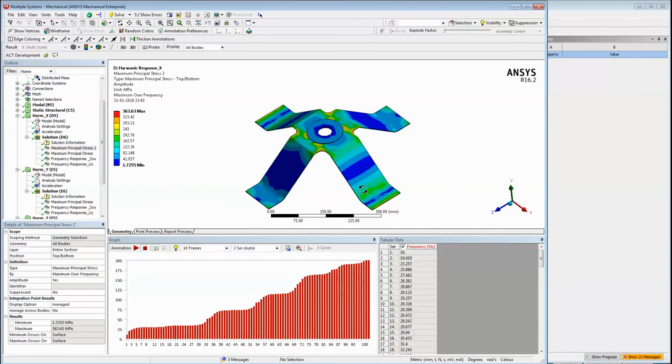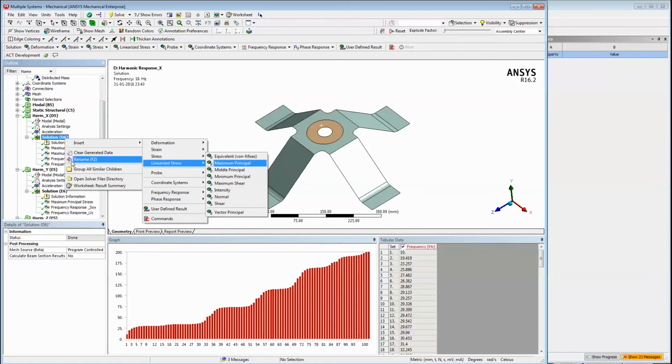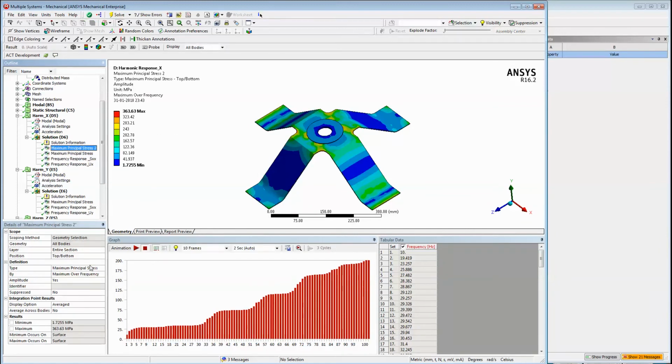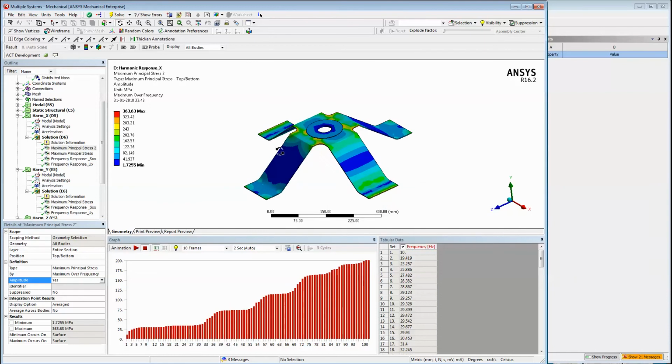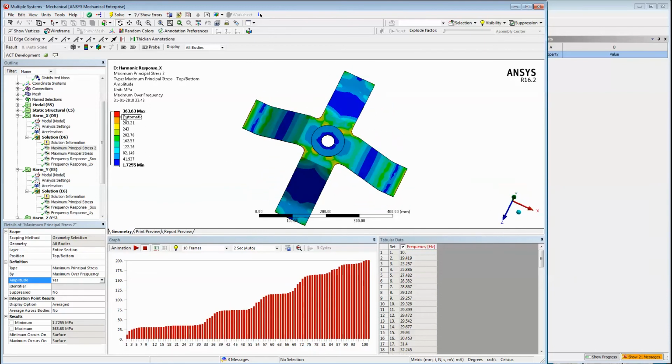If you want to understand the maximum stresses at every point over all the frequencies, you can insert a principal stress plot like this, maximum principal stress plot, and change the type by maximum over frequency and amplitude. This is the maximum stress. So have a feel for the maximum stress in the x-axis excitation.